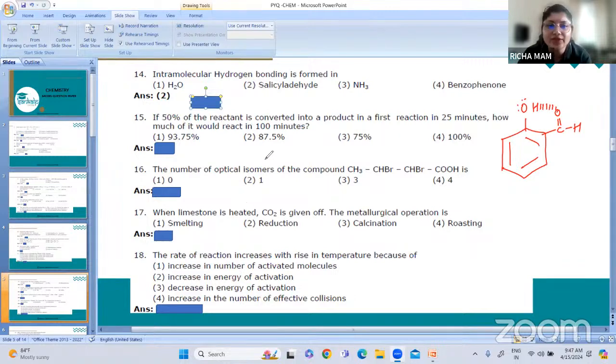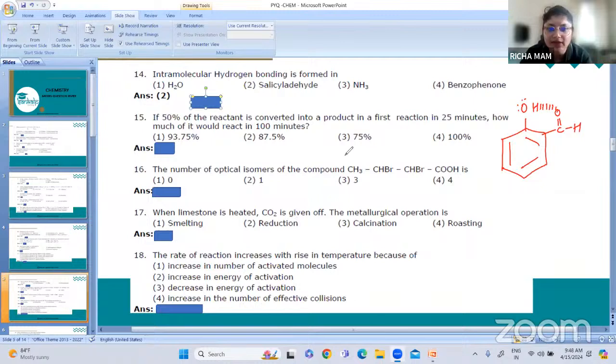If 50% of the reactant is converted into a product in a first order reaction in 25 minutes, how much of it would react in 100 minutes? The options are 93.75%, 87.5, 75, or 100.